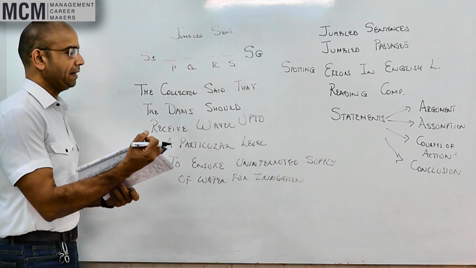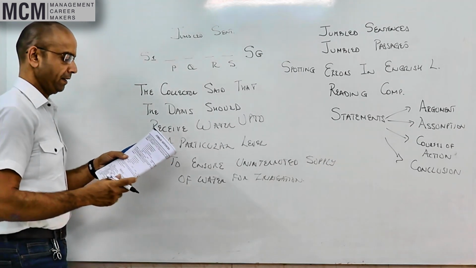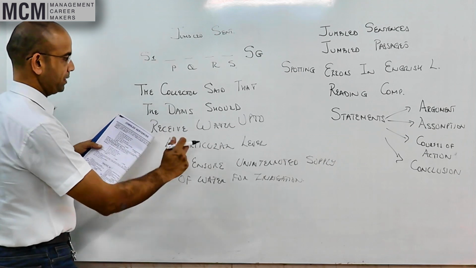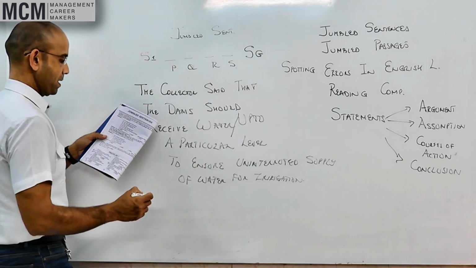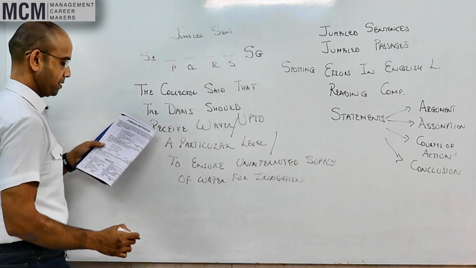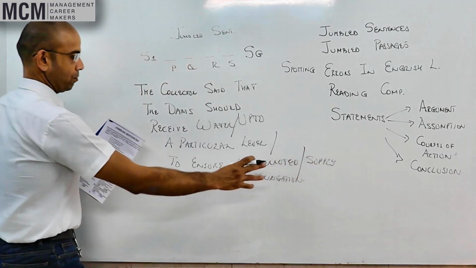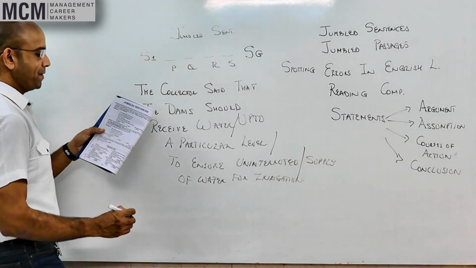In the example, they of course have jumbled up the entire thing. So if you go to see, the dam should receive water is broken up, to a particular level is broken up, to ensure uninterrupted supply of water. And each one is alphabetically numbered.